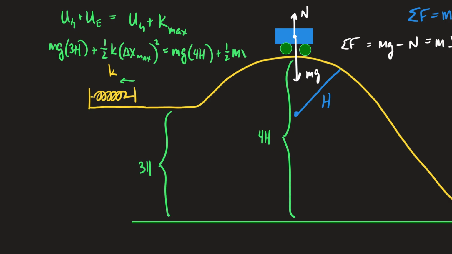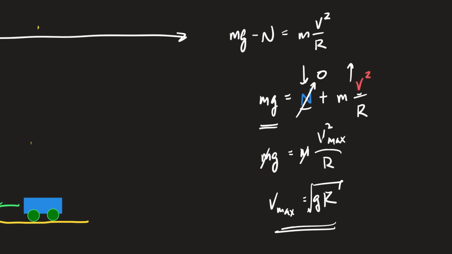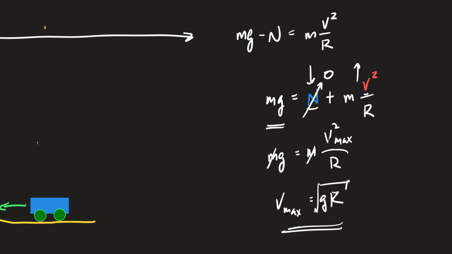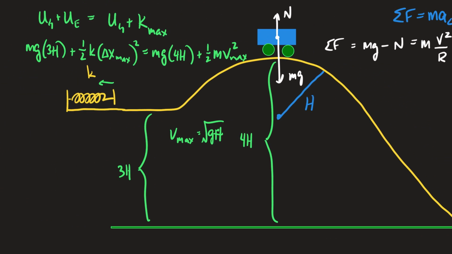Now, I'm going to write it in here because some of you need an extra step. But we know what v max is, right? We just solved for v max a minute ago. And we found that v max was the square root of gh, right? Did we put r over there? We did, but r is h. Do you remember that in the problem? Okay, so stupid me, I should have known that. All right, so gh, there we go.